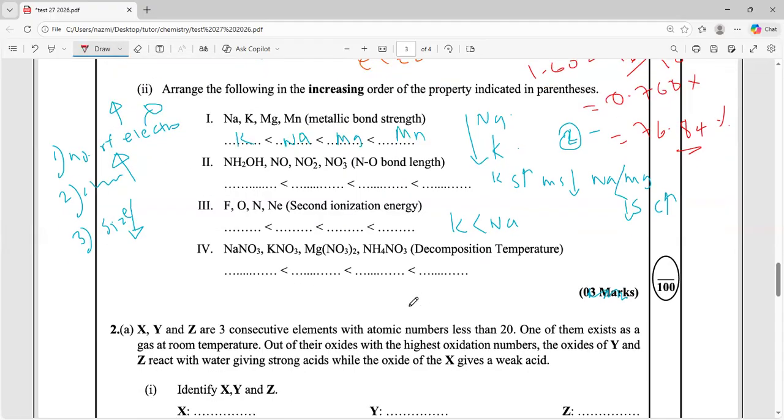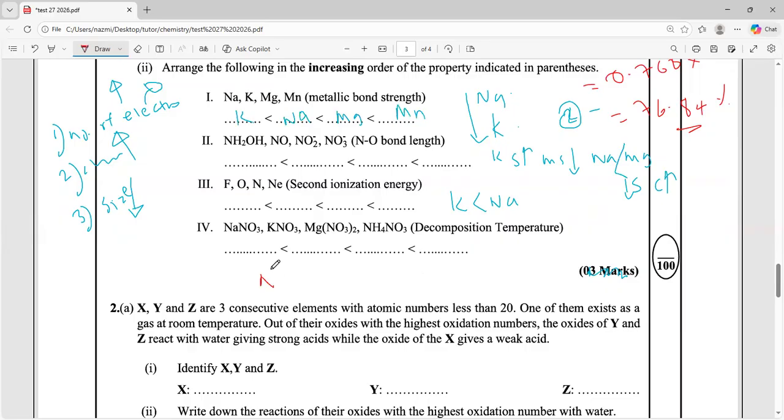Then next you have to see the bond length. If you want to see the bond length, first just draw it: NH2OH, NO bond length. NO has a double bond and it has an odd electron.